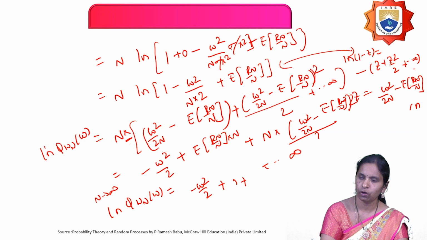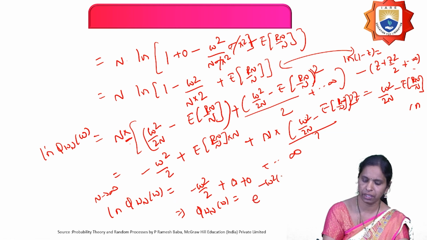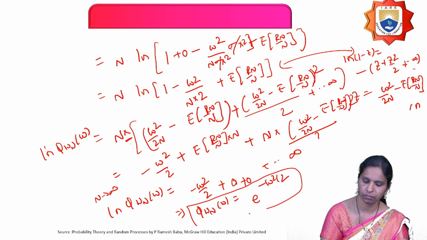And here, omega square by 2n minus the expectation of Rn by n whole square gives omega square by 4n square; one n gets cancelled, the denominator will have n. Therefore, if n tends to infinity, all the remaining terms become 0. So from this, the characteristic function of the random variable w, if you take the antilog, is e power minus omega square by 2.